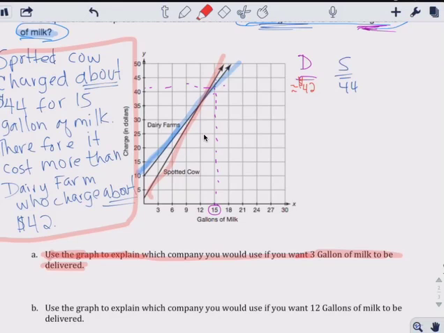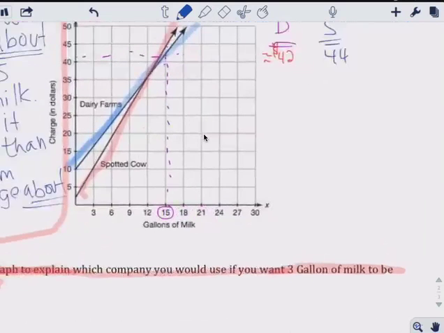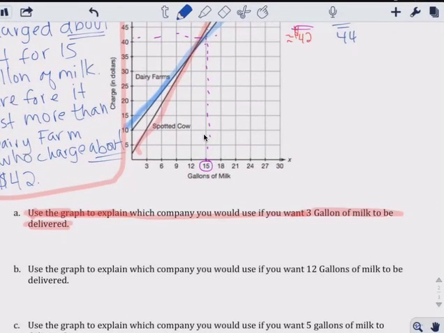Okay, I'm glad. Now, you guys all chose Spotted Cow. Do you understand? So, if I go on 3 up, it would get to $10.